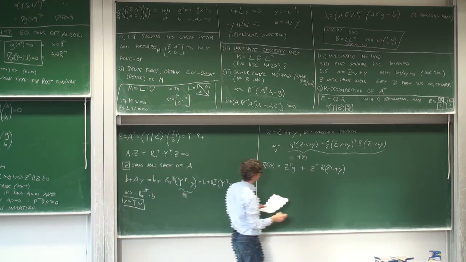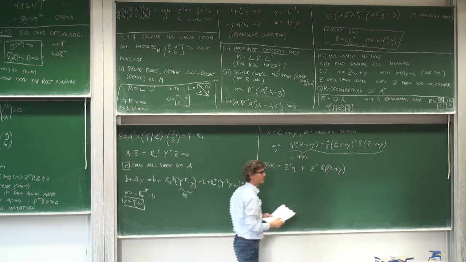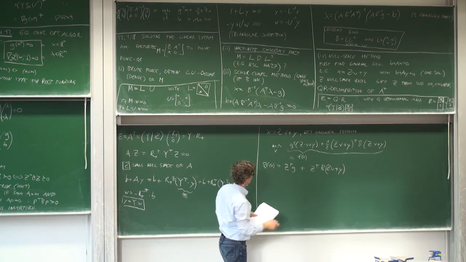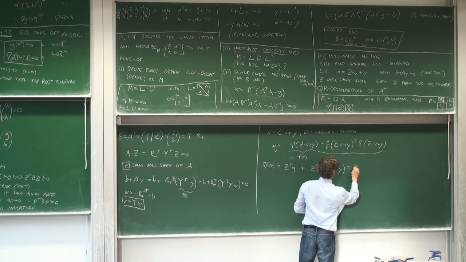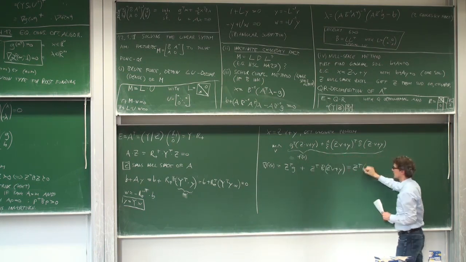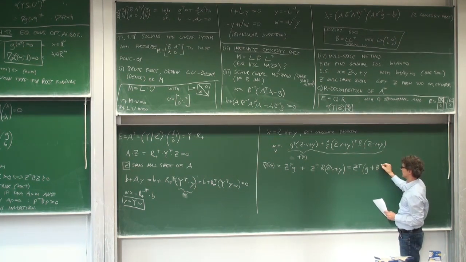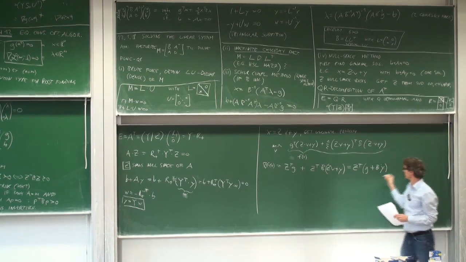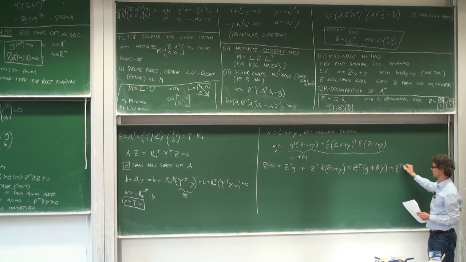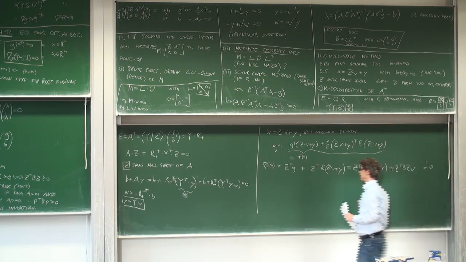And we see that there's some term which is depending on the v. So z transpose g plus B y, so this is these terms, and then plus z transpose B z v, and that whole thing should be equal to 0, and then we can find the v.